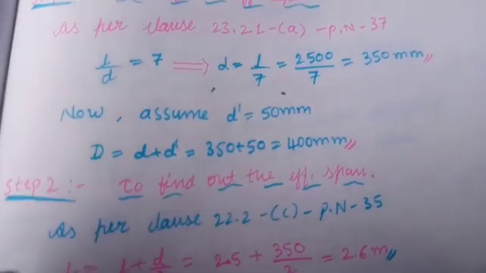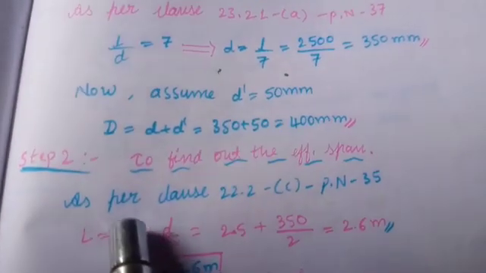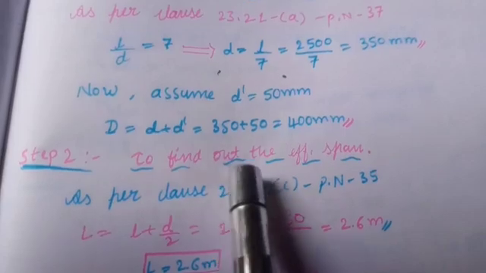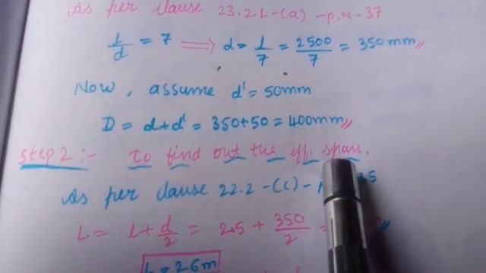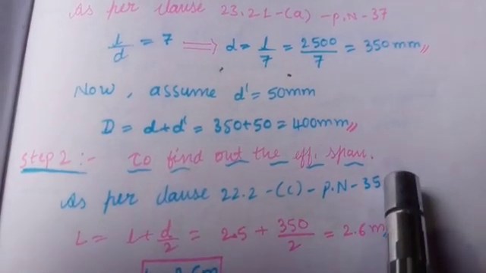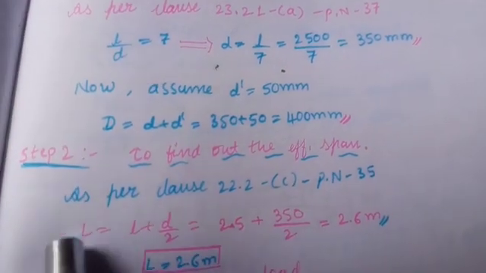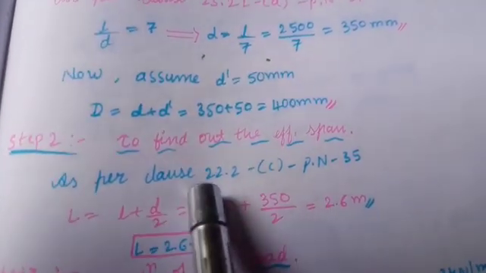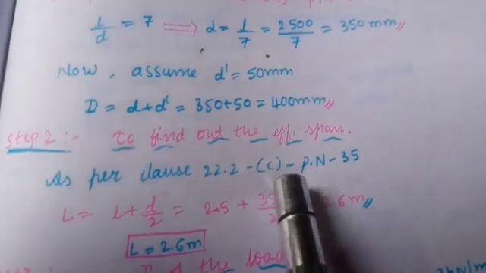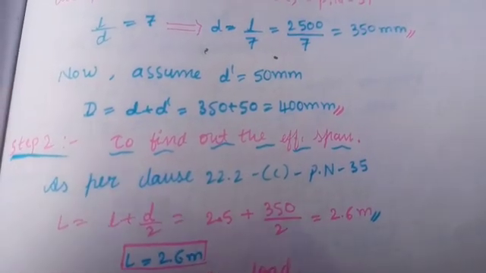Now we'll move to the next. Step 2 is to find out the effective span, denoted as capital L. For that, as per clause 22.2 c, page number 35, let's see what it says.